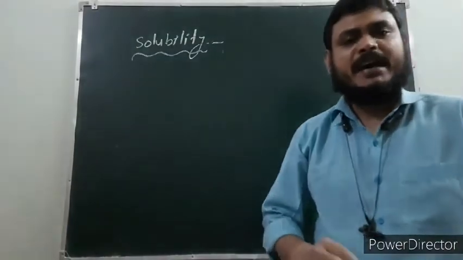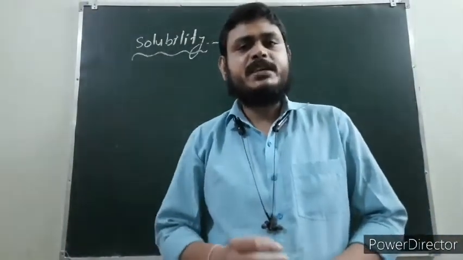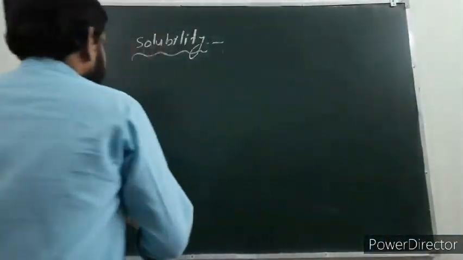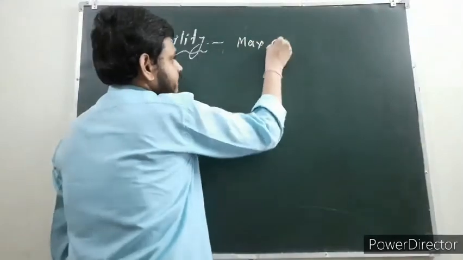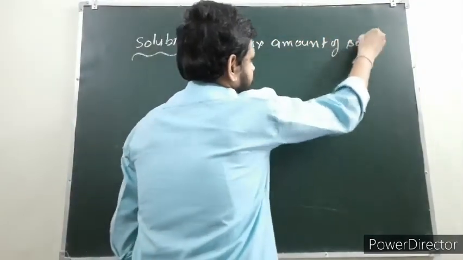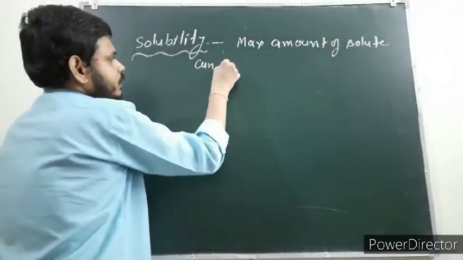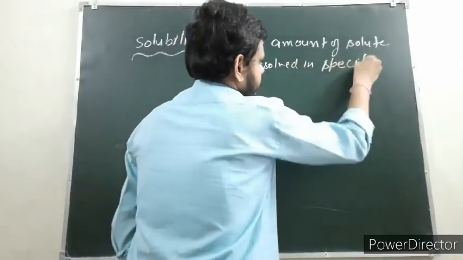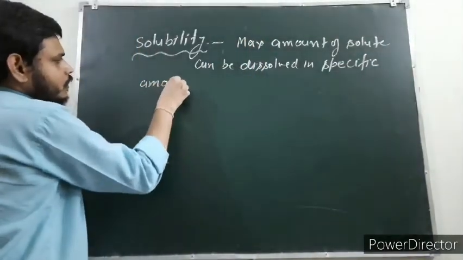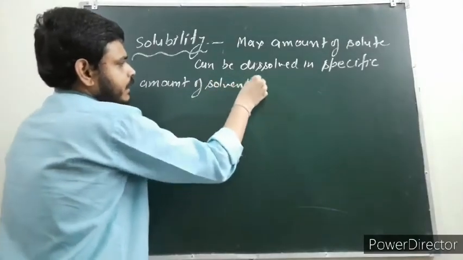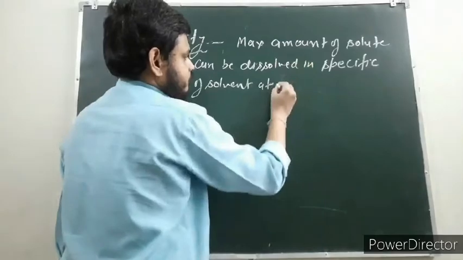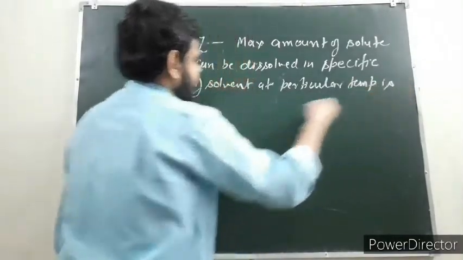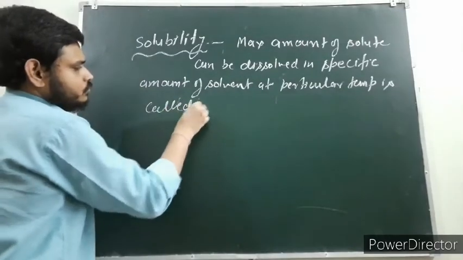Solubility is defined as the maximum amount of solute that can be dissolved in a specific amount of solvent at particular temperature. So solubility is defined as maximum amount of solute that can be dissolved in a specific amount of solvent at particular temperature is called solubility.